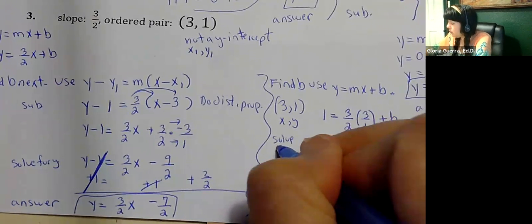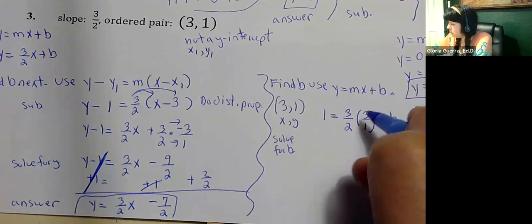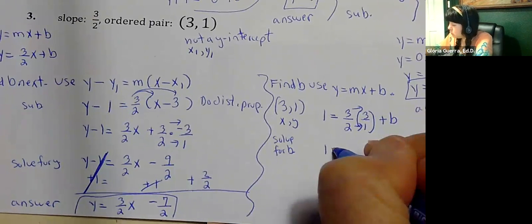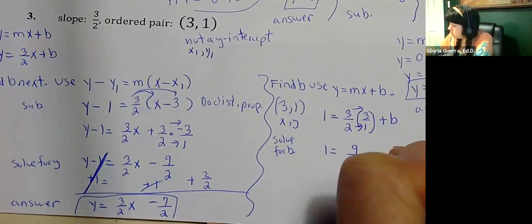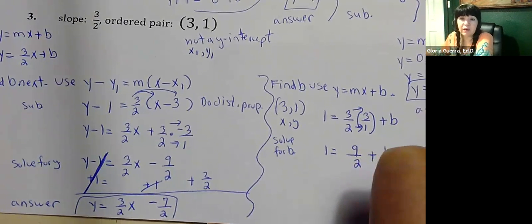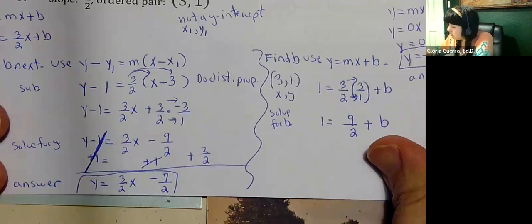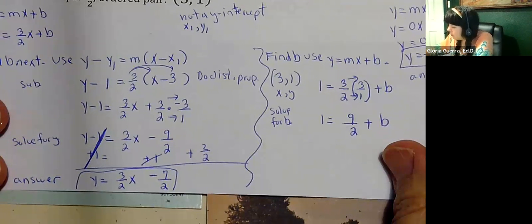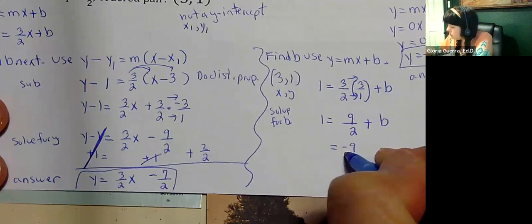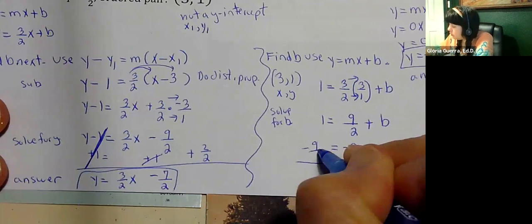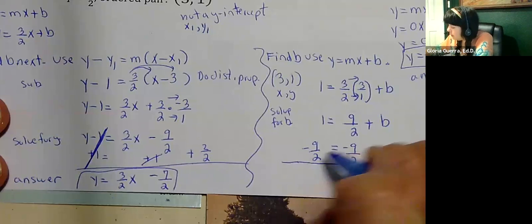So I multiply across. The way I multiply fractions is I multiply across. So 1 equals 3 times 3 is 9, 2 times 1 is 2. So 1 is equal to 9/2 plus b. I need to solve that for b. So I'm going to subtract 9/2 on both sides. And then this will fall out. So this equals b.